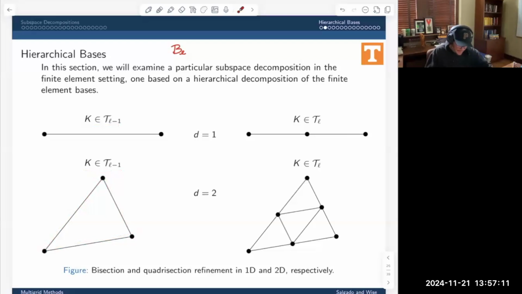How do we form daughter triangles from this parent? We're going to quadrisect it by taking the midpoints and joining them together. That gives rise to this. So the parent gives rise to 4 daughter elements, instead of 2 new elements as in 1D.